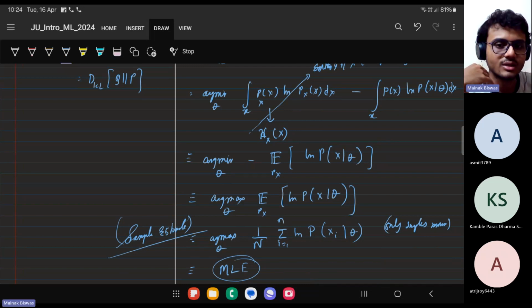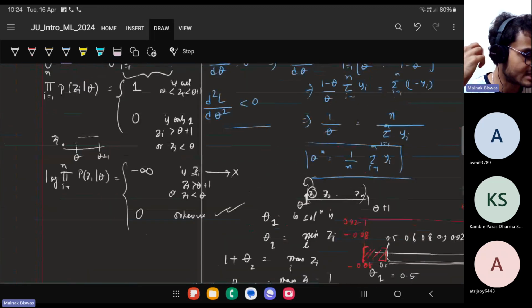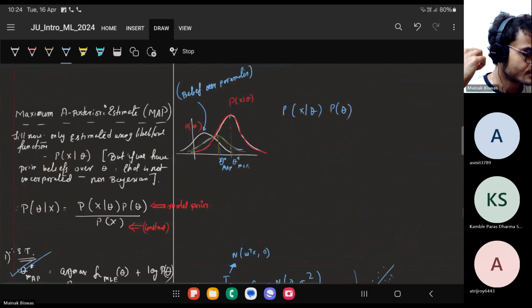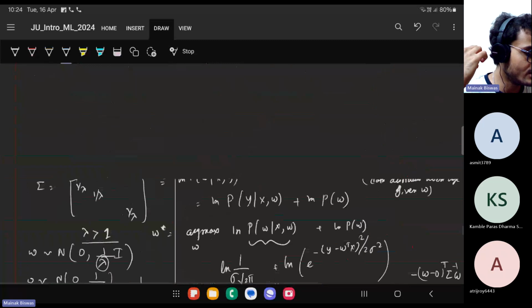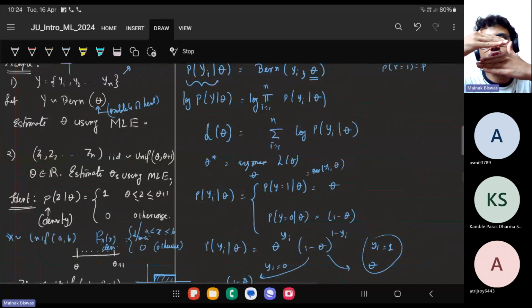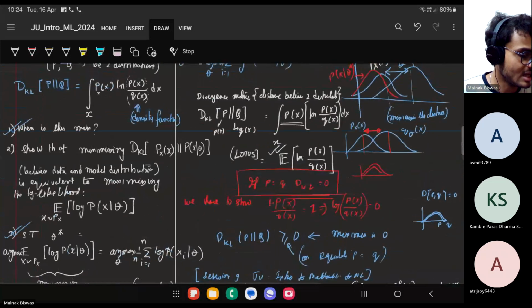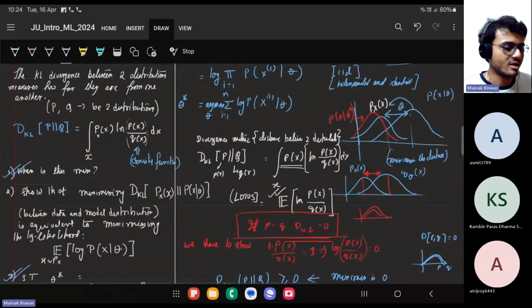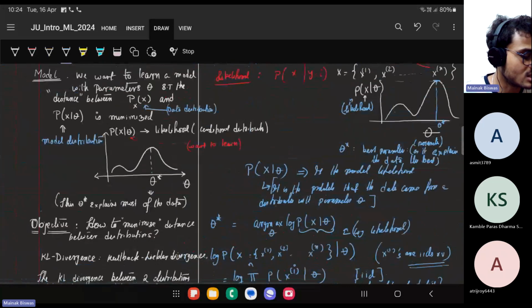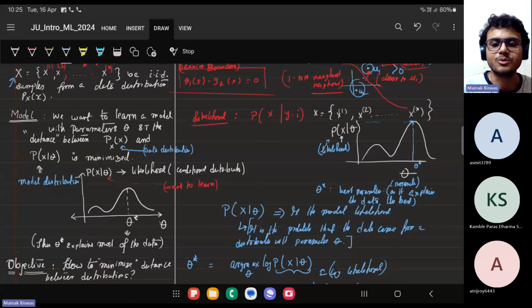The takeaway is, you will take this theta and try to move the distribution Q, or Px given theta. You can look at any geometry you want. I have given you two different geometries: one in which you move the distribution you are learning towards the data distribution, or you just try to estimate theta star based on the conditional density, here the parameter conditional density, where you will get the appropriate theta.